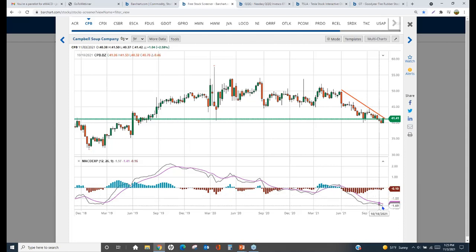We haven't gotten the crossover yet, that buy signal at the weekly level, but we see it in the short term, we see it in the intermediate term. So as an investment trader, you might wait for the positive crossover to give you permission to buy this stock. If you're a swing trader or a day trader, you've already gotten that permission from the MACD signal.